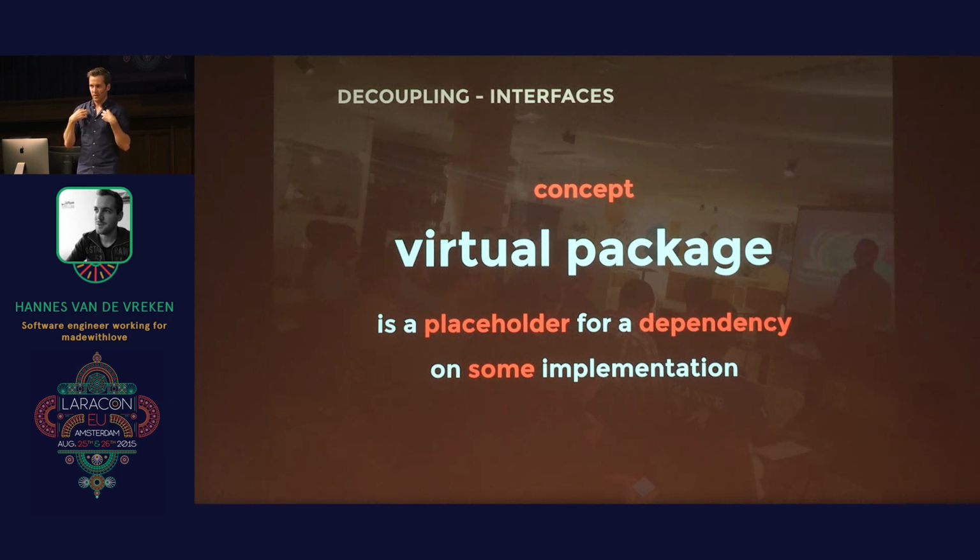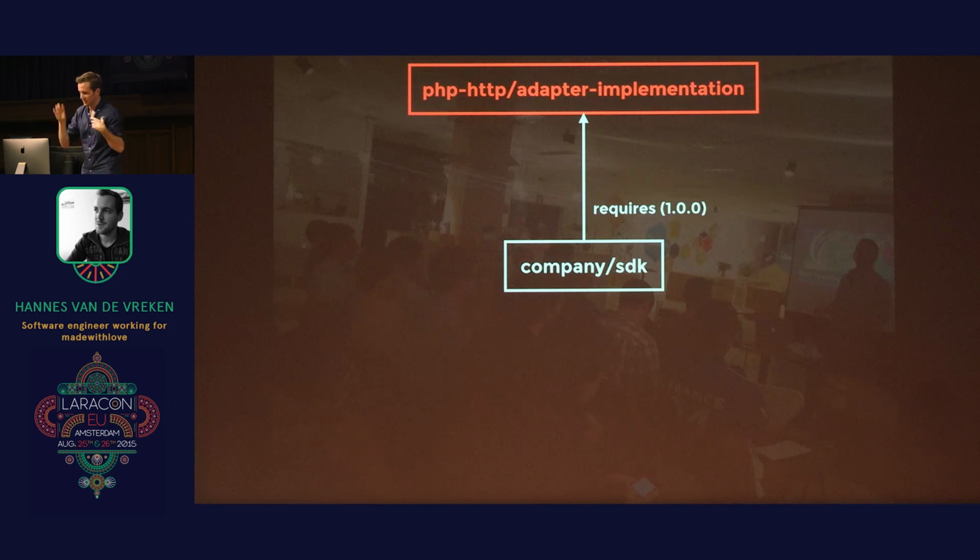I depend on a PHP HTTP adapter implementation, but I don't want to define which implementation you should use. So I just define a dependency on this virtual package, like PHP HTTP adapter implementation. I require this, but this orange box is a virtual package.